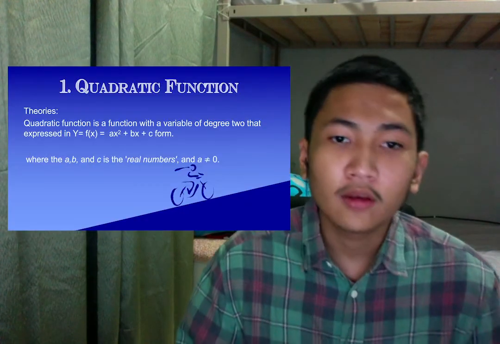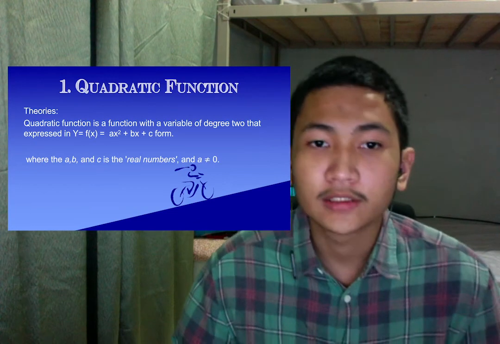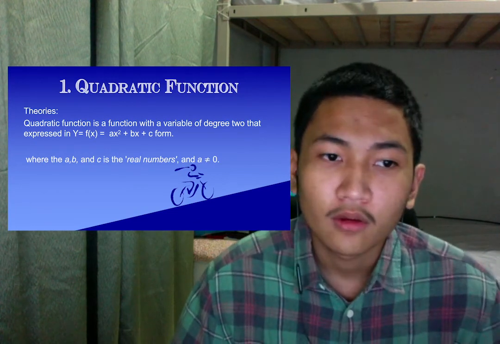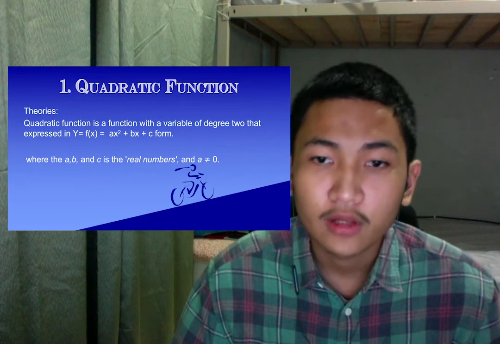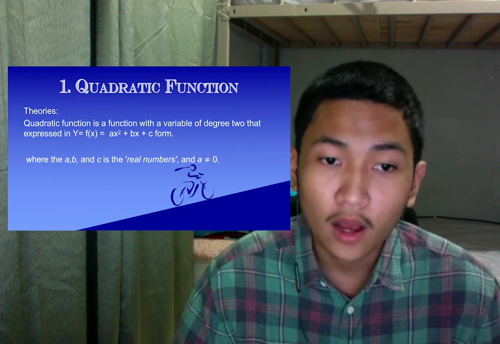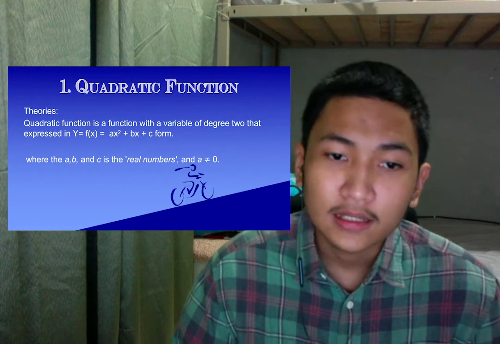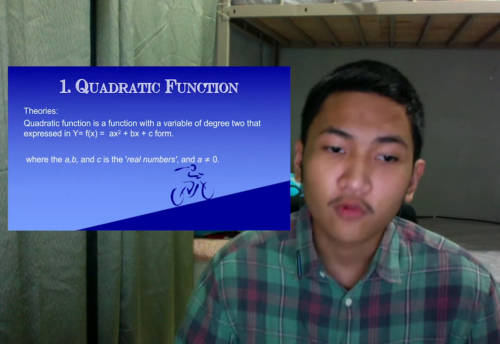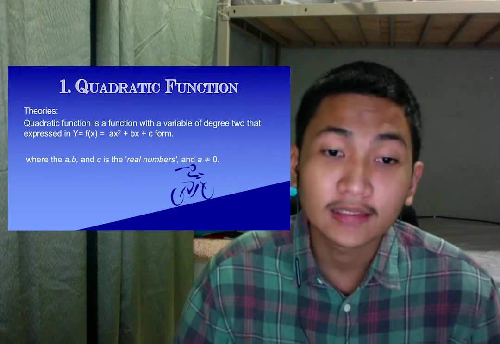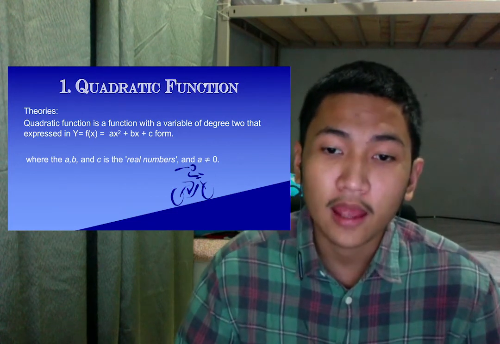So we begin with the first function, the quadratic function. A quadratic function is a function with a variable of degree 2 that is expressed in the form y = f(x) = ax² + bx + c, where a, b, and c are real numbers and a must not be 0.